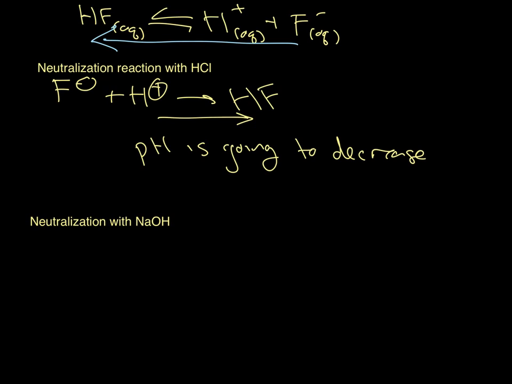Conversely, if we added a strong base, we would shift the equilibrium in the other direction towards the creation of F minus and the neutralization of HF, as indicated by this green arrow up here.